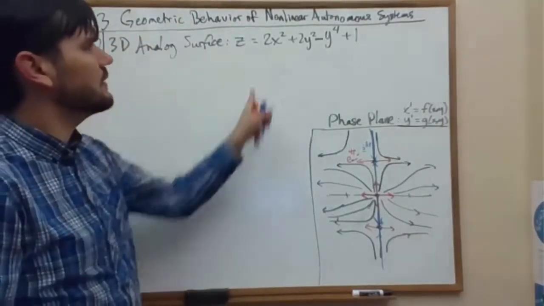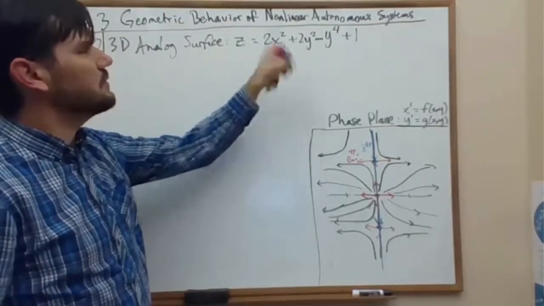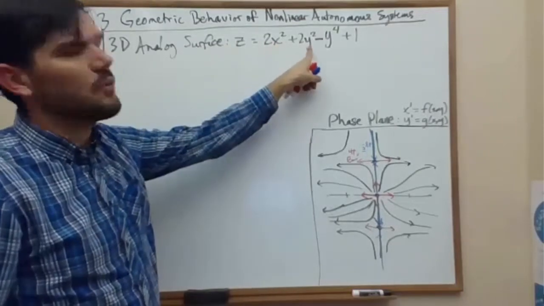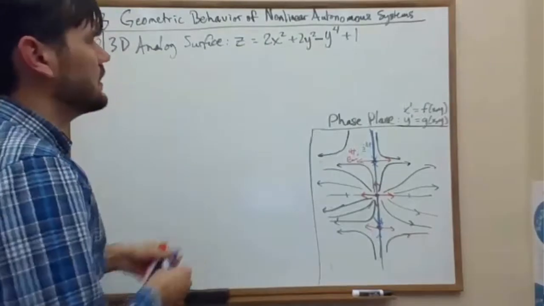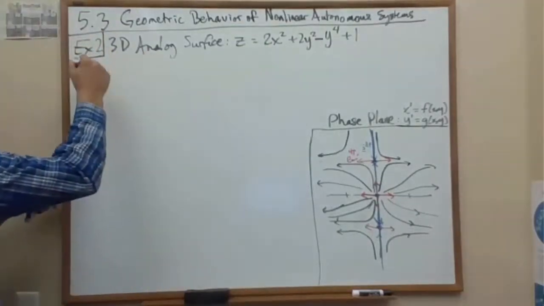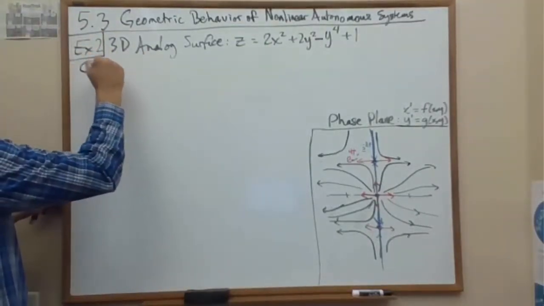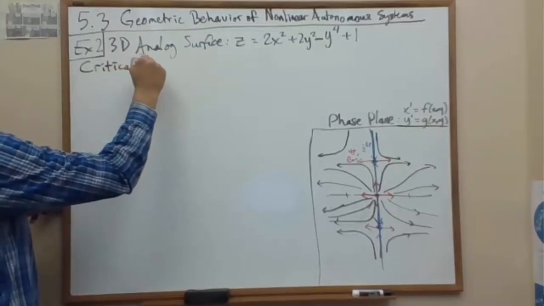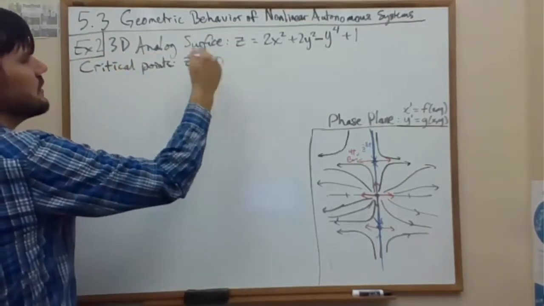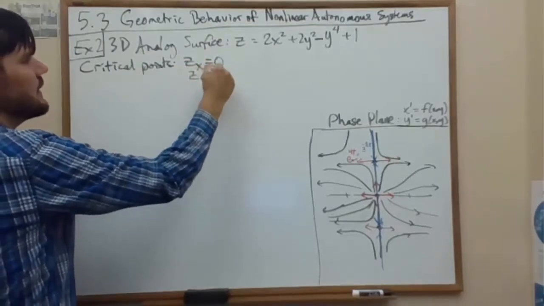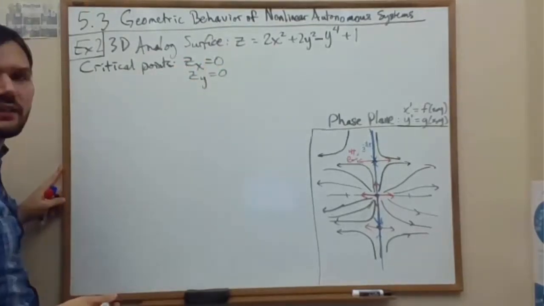First, we have a surface z equal to a function of x and y, where we have some quadratic terms and a quartic term and a constant. To find critical points, we set z sub x equal to 0 and z sub y equal to 0. So let's take those partials.